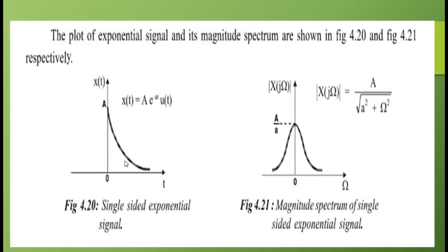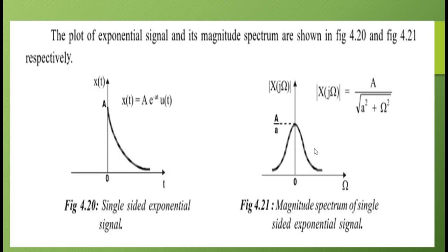Now as you can see, this refers to the single-sided exponential signal and this refers to the magnitude spectrum. Magnitude spectrum, as I've told you, is square root of real part square plus the imaginary part square. This signal's Fourier transform has both real and imaginary parts. So the magnitude spectrum is computed as a by root of a square plus omega square.